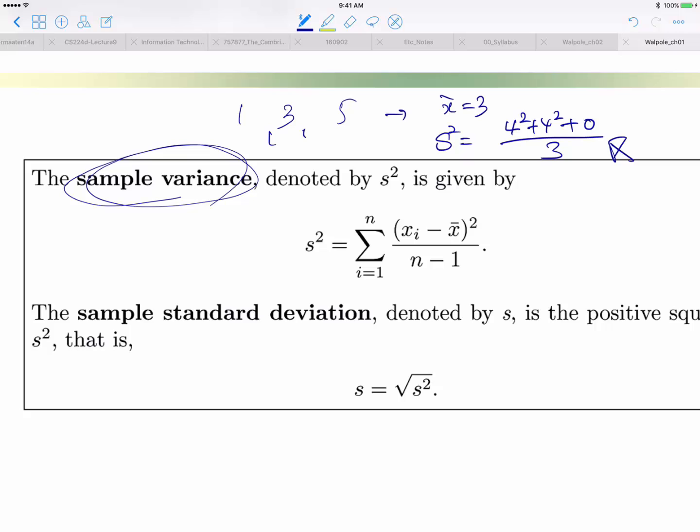But really, the correct way of computing this variance is that instead of dividing by the total number of samples, we divide by the total number of samples minus 1. So that's what this means. From now on, we compute our sample variance, and the reason for calling it sample variance, not just variance, is that we now consider two types of variance.